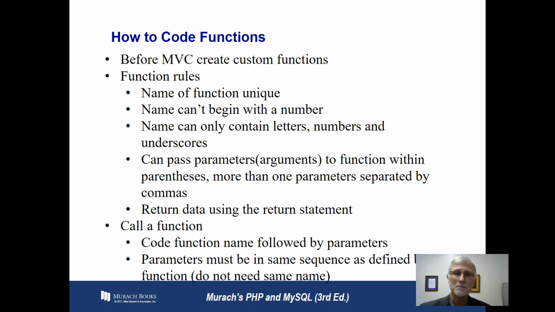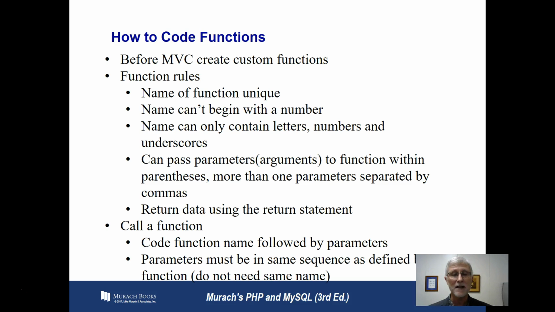You can pass parameters, or arguments, within a function, and if you have more than one, just separate them by commas. And if your function has to provide information back to the caller, you can use the return statement.